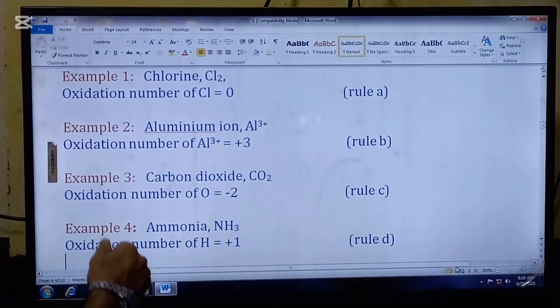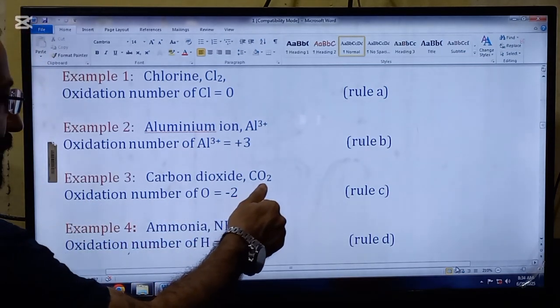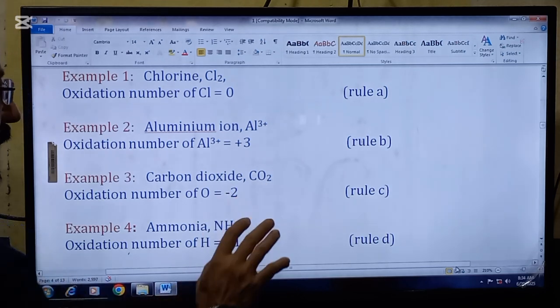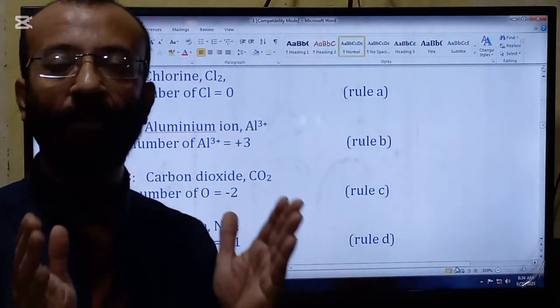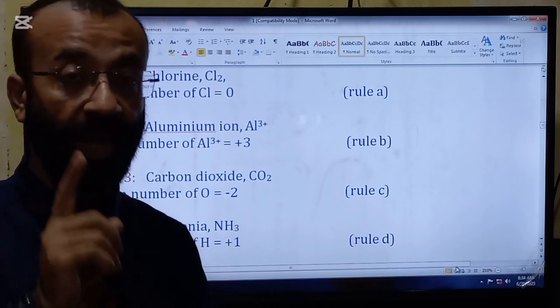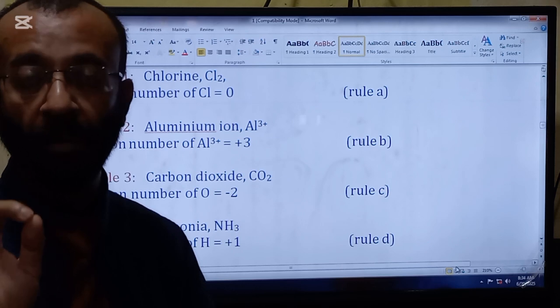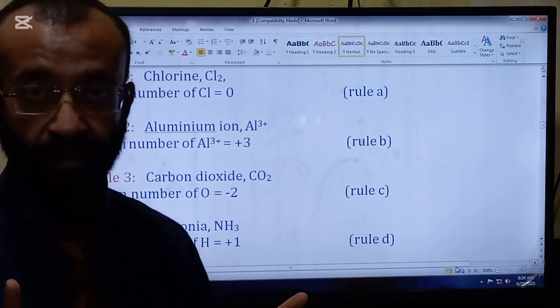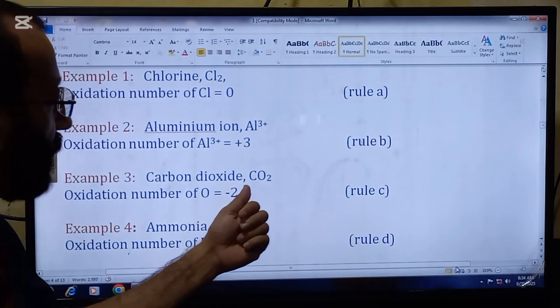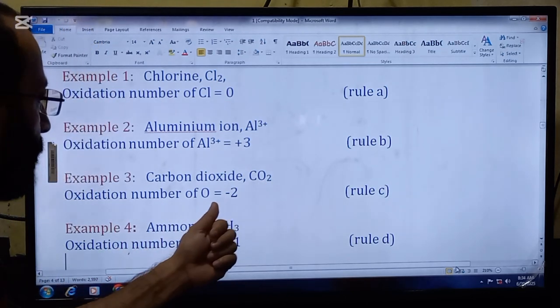Next is example 3, carbon dioxide. So if you can see, here is O. So the oxidation number of oxygen in all the compounds is -2 except in peroxides, in which oxidation number of O will be -1. So this is carbon dioxide, so the oxidation number of the O will be -2.